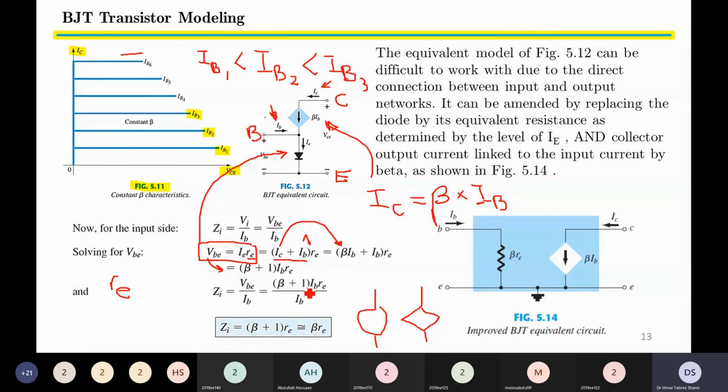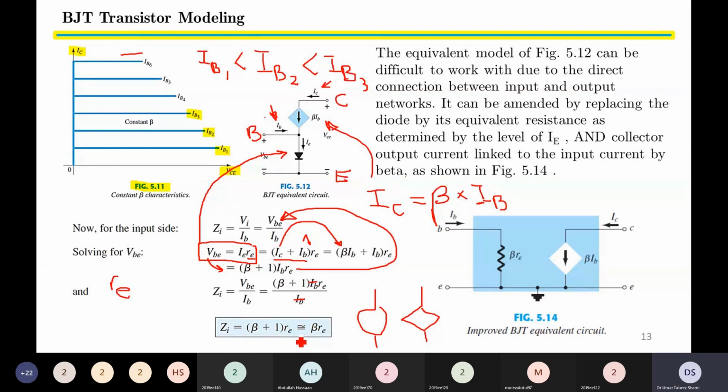Now this equation can be inserted back into the input impedance, VBE divided by IB, and we have just found that VBE is equal to beta plus 1 into IB into RE. IB will cancel IB, and we are left with input impedance equal to beta plus 1 into RE.